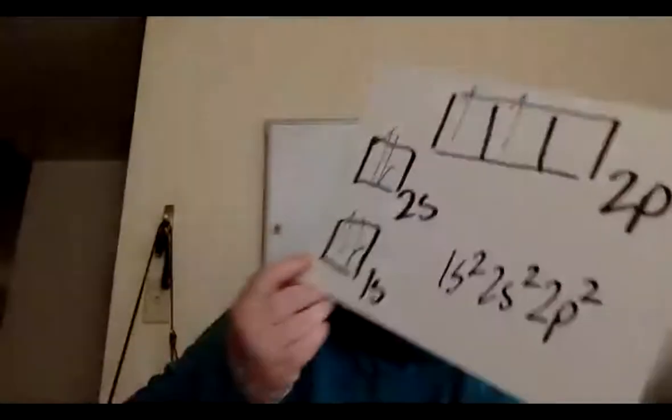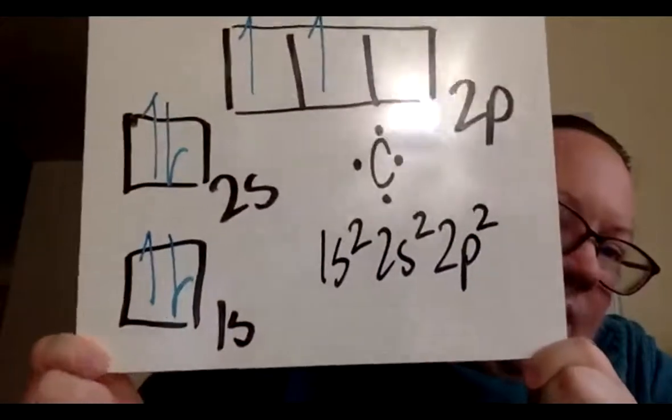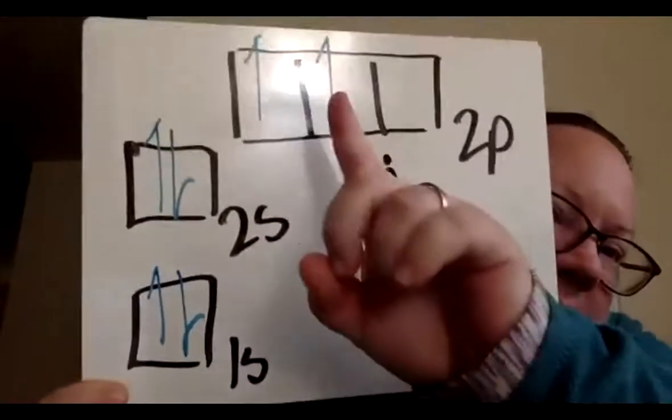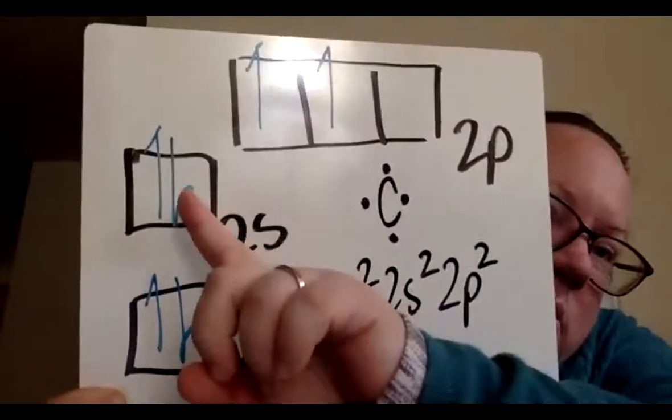Carbon has the ability to form 4 bonds. So here's carbon with its 4 valence electrons. Those valence electrons are these 4.